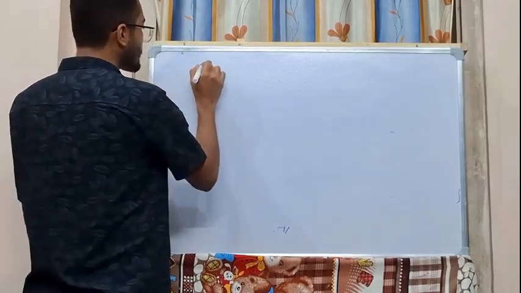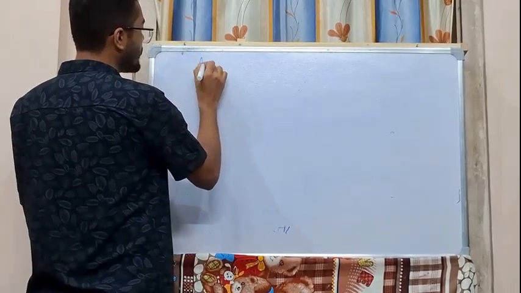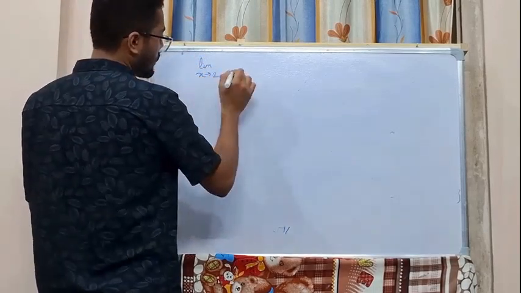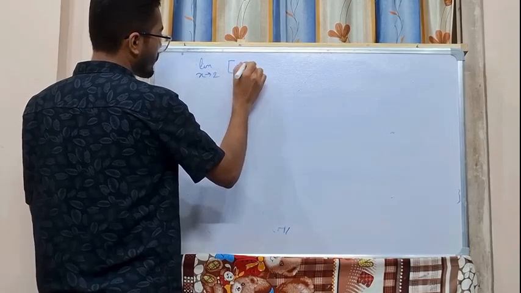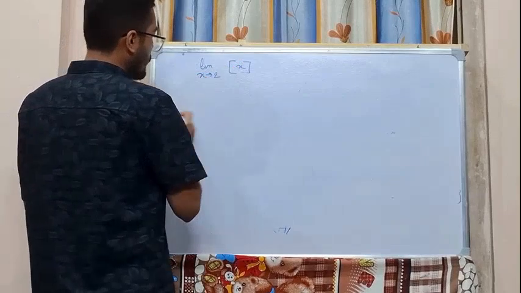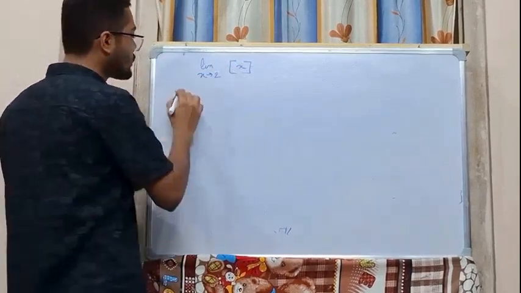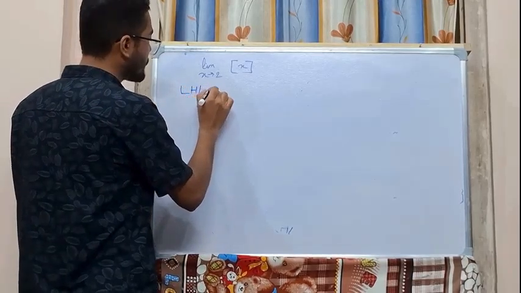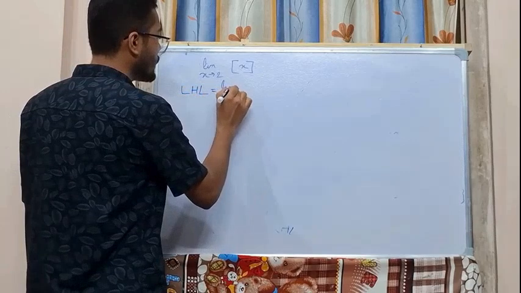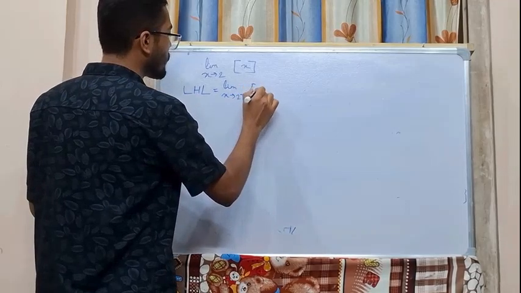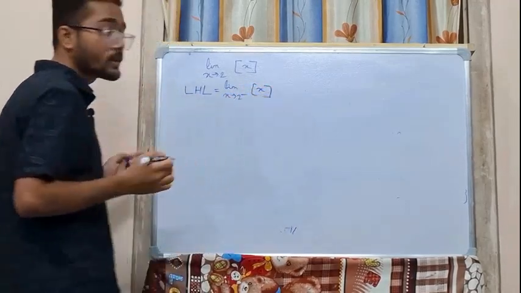Let's consider a function, limit x tends to 2 of the greatest integer function of x. At first we have to find out its left hand limit. That means limit x tending to 2 minus. What do we have to do?